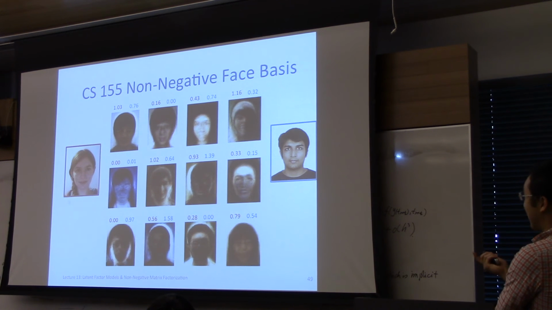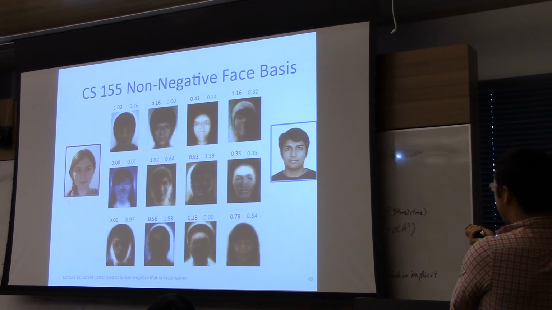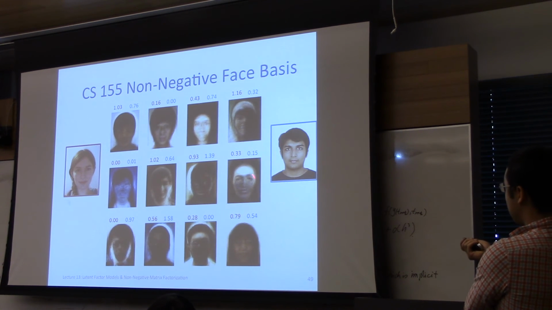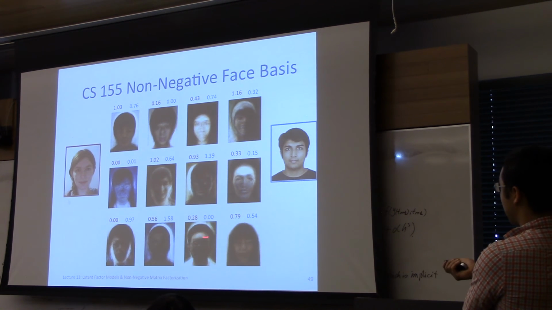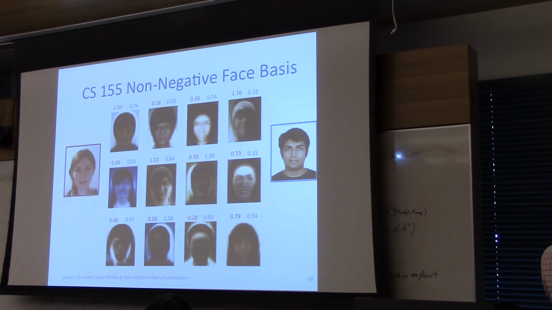The black really means black, and not black really means not black. The red coefficients are Emily's coefficients, and the blue coefficients are Armand's coefficients. So for example, Armand has hair over his forehead, so for some of the bases that put a lot of illumination or non-black color on the forehead, he has low weights.